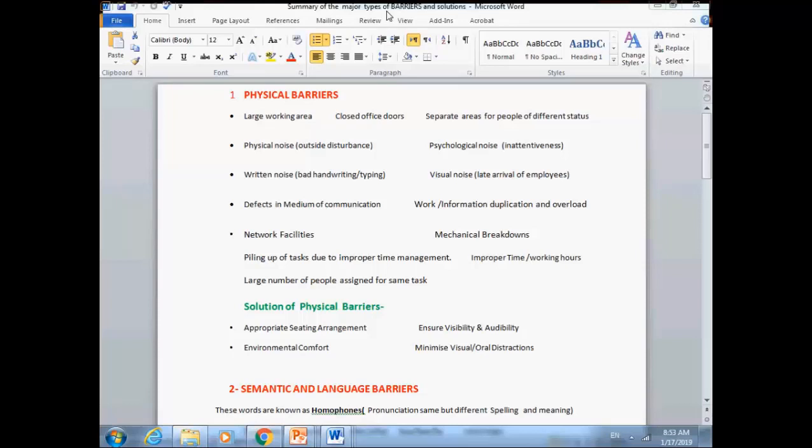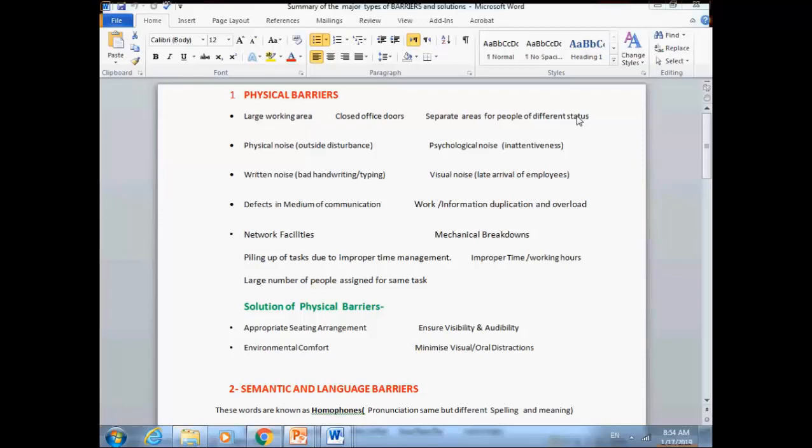Okay? So you have physical barriers. For example, large working area, closed office doors, separate areas for people of different status. Let me see if I can enlarge it. So physical noise for outside disturbance, psychological noise, inattentiveness, written noise, bad handwriting, for example. These are examples of physical barriers.